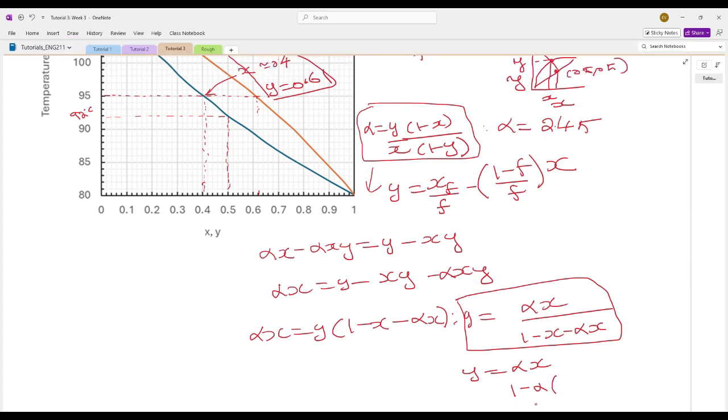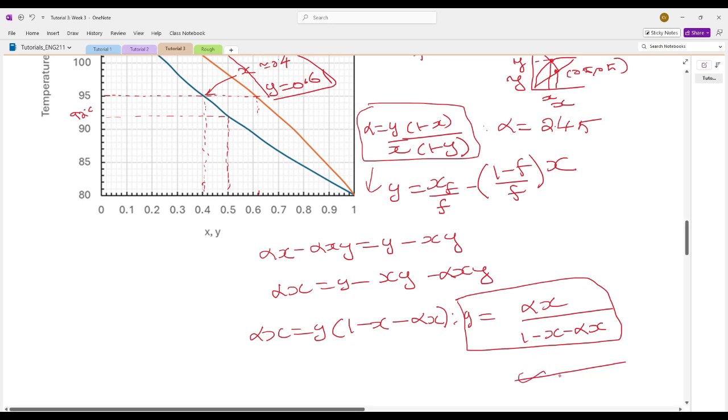So minus alpha, that should be equal to 1 plus x. No, this is not correct.